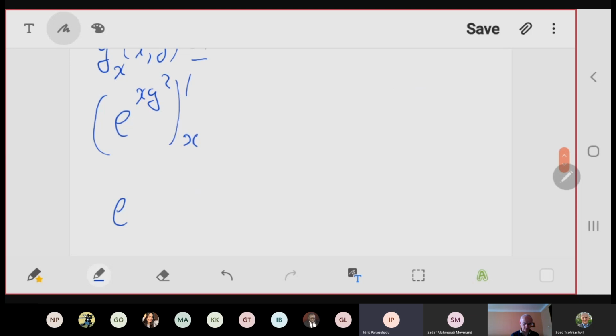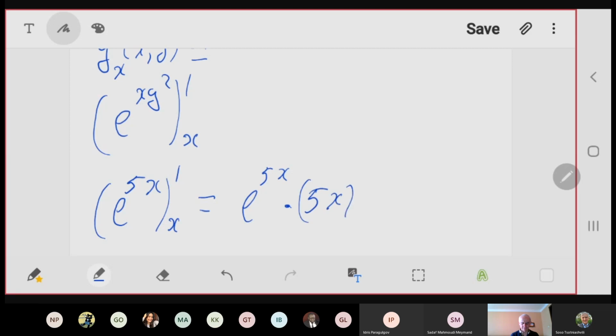I can give you an analogy. For example, in the case of a function of a single variable, what is the derivative of e to power 5x? It's e to power 5x, and this derivative we should multiply by the derivative of 5x, and it's 5 times e to power 5x.